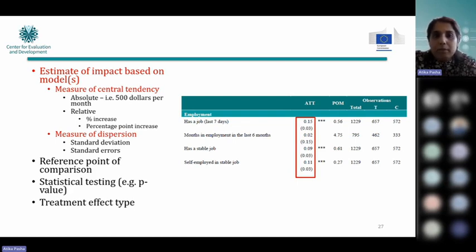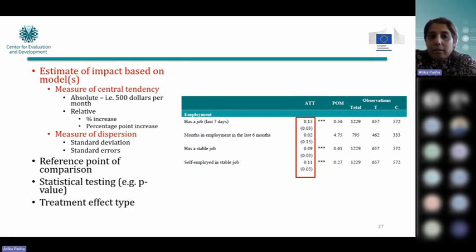This, for example, is a percentage point increase, which means there is a 15 percentage point increase in the number of people who claim they have a job in the last 7 days. Again, this is statistically significant because you can see the stars. This is the third point that is referred to here, and so on. So you can now hopefully use the measures of central tendency, whether it's a relative increase or an absolute increase, in order to understand what the first aspect looks like.